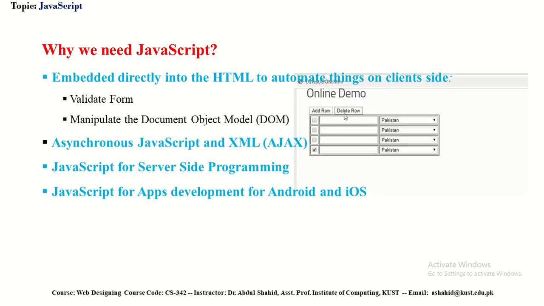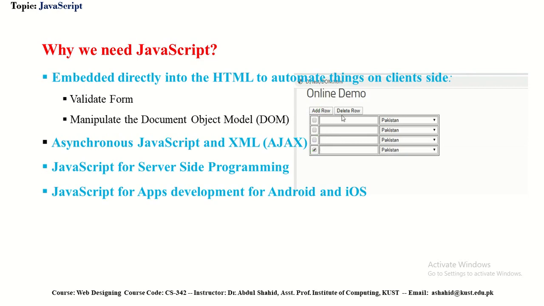As you can see in this example, this is an HTML page containing two buttons and a table having multiple rows.